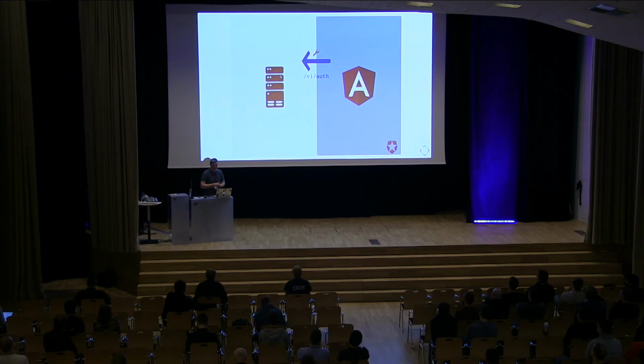So again, we have our backend, our front end. This time, the user is making a request to our authentication endpoint, providing their username and password credentials or their single sign-on credentials, however they authenticate. Our server on the back end is going to validate the user's information against the database.